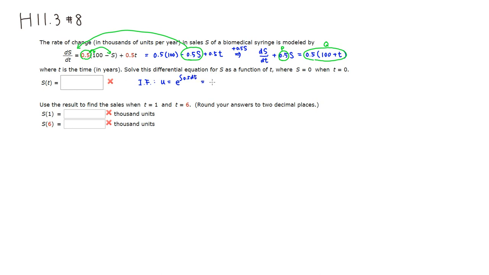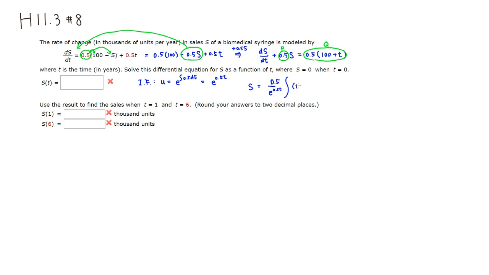So you have e to the 0.5 t. Now let's find s from here. s is going to be equal to 1 over u, the integrating factor, so e to the 0.5 t, times the integral. And q is 0.5, so I'm going to put 0.5 outside.